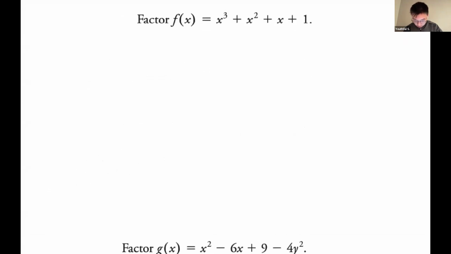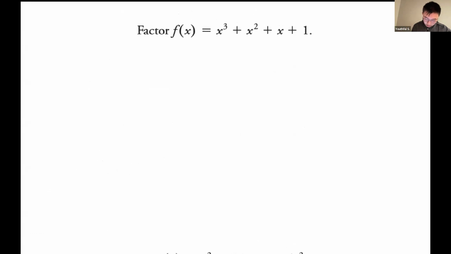Okay, we have another factoring one. For this one, your first instinct might be to factor all of these, right? Factor out the x, so you might get x squared plus x plus 1 plus 1.